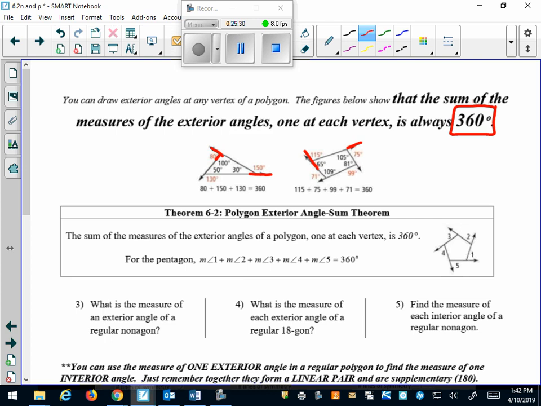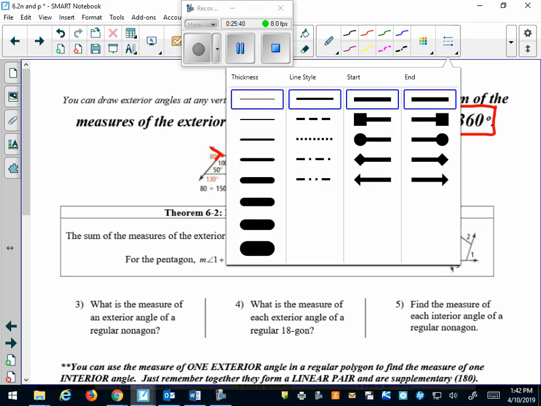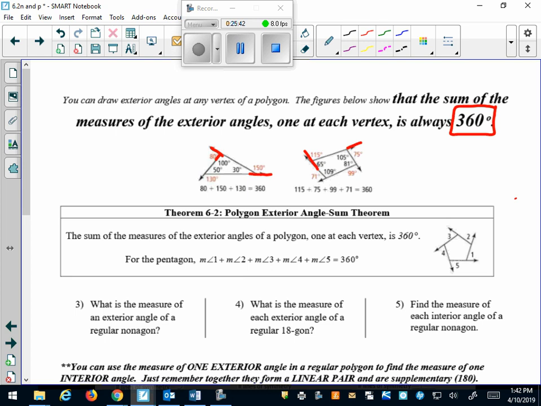All the little tiny exterior angles will always add up to 360. All right, so that makes our calculations and our math a little bit easier with exterior angles. Keep in mind that an exterior angle forms a linear pair with an interior angle. So this is actually going to help us with some interior angles as well.